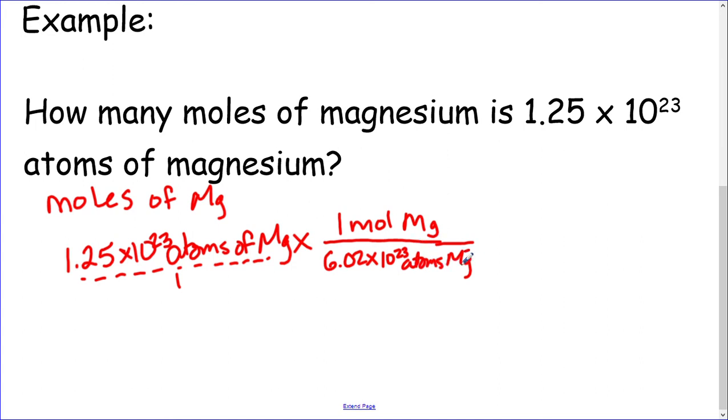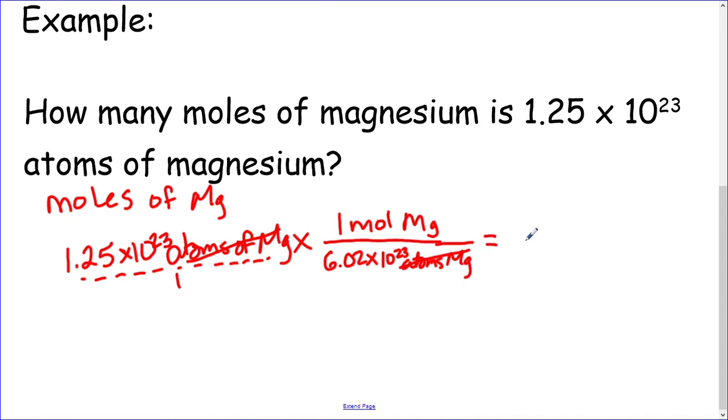So top and bottom cancel, atoms of magnesium, and I'm just multiplying by ones, but I'm going to have to divide these numbers, right? The number on the top divided by the number on the bottom. So 6.02 times 10 to the 23 is on the bottom, and that's the number you're going to be dividing 1.25 times 10 to the 23 on the top by.